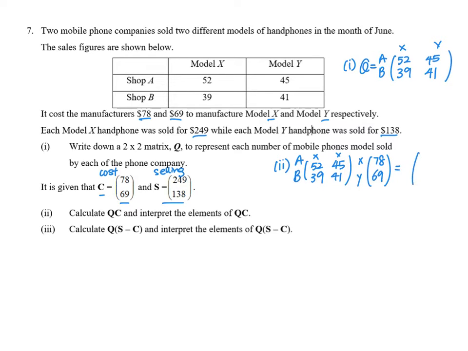That means I will get a total cost of making the phones in Shop A and Shop B. Cost in Shop A will be 7161 and the cost in Shop B will be 5871.